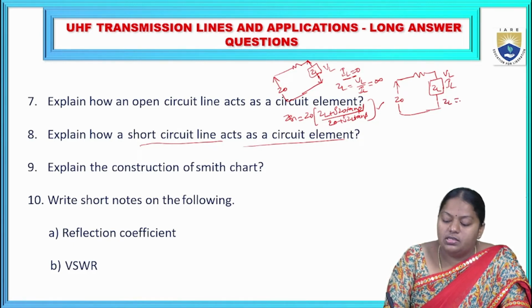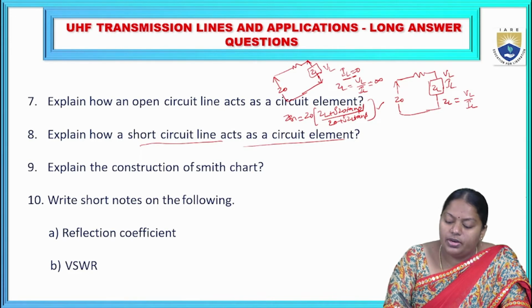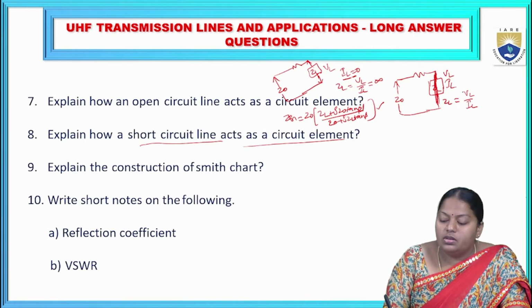Then load impedance ZL is equal to VL by IL. For a short circuited line, we assume VL is equal to 0.